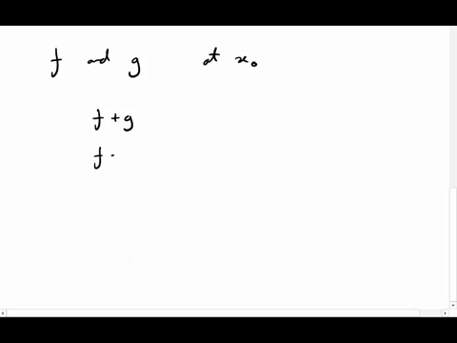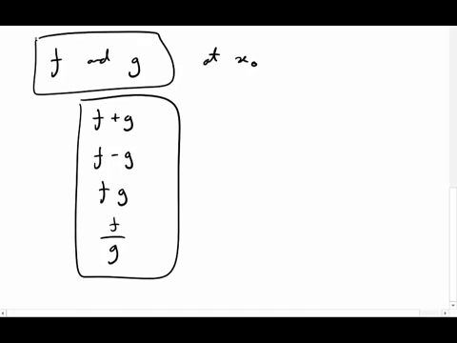Again, f minus g is also analytic at x0, f times g is analytic at x0, and f divided by g is also analytic at x0. If you're interested, have a look in the book, as there's quite a nice argument presenting that. But it makes sense that if these functions are both analytic at the same point, then no matter what operation we perform on them, they're still going to be analytic at that point x0.